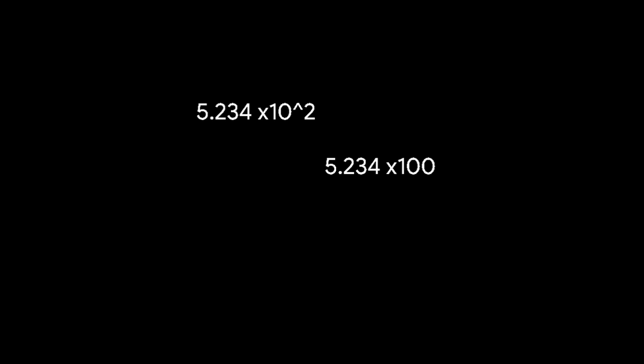This is more about moving places. Another thing you can remember is that when there is a 2 here, it just means you have to move the decimal point two places. This is the first place and this is the second place. So it will be 523.4. This is the standard form.